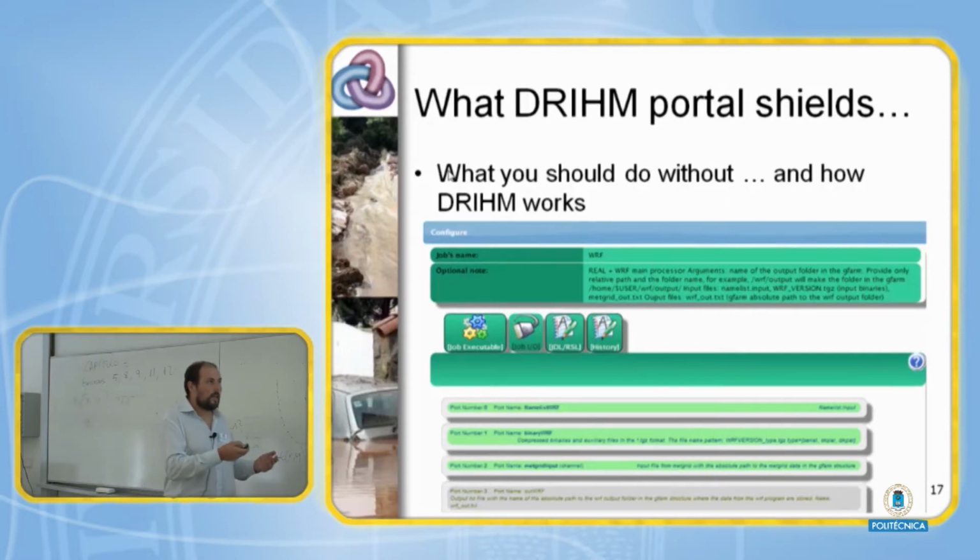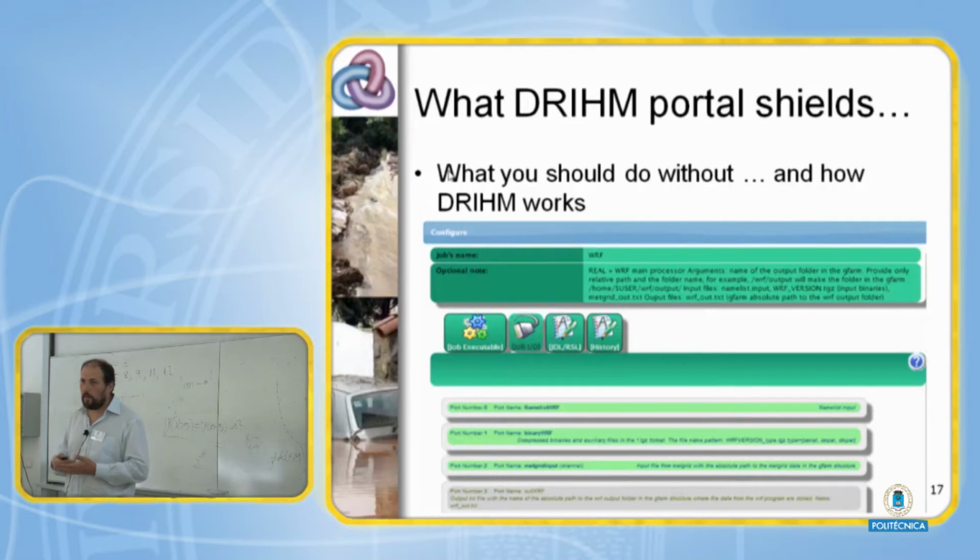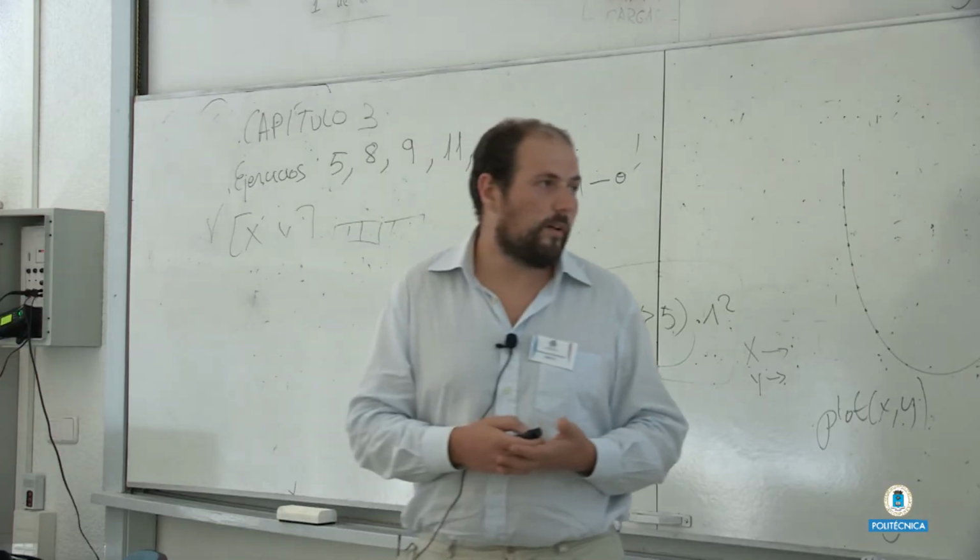This example is for WRF. We have a first port that gets the namelist, so the execution parameters, but also the binary and the output of the preprocessing, so the metgrid that is ready for WRF execution.